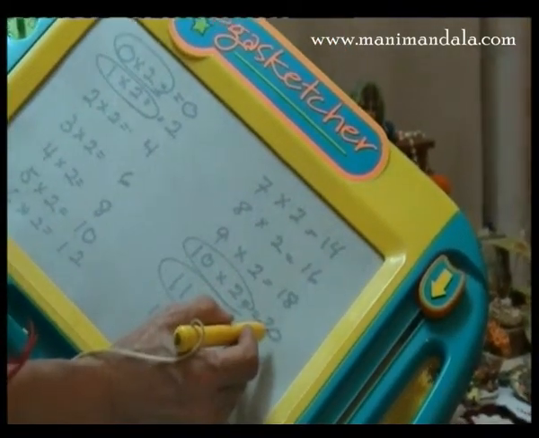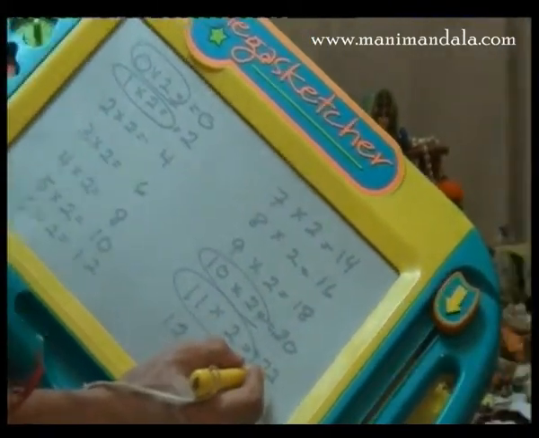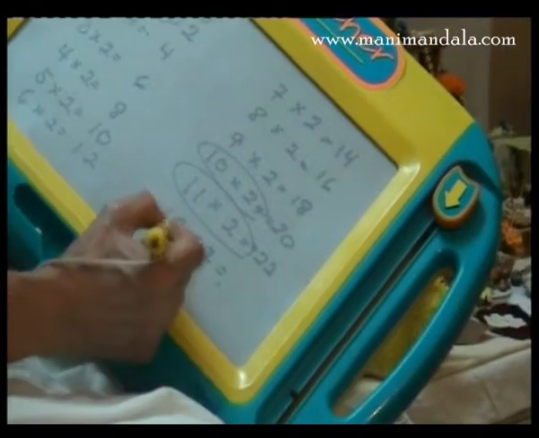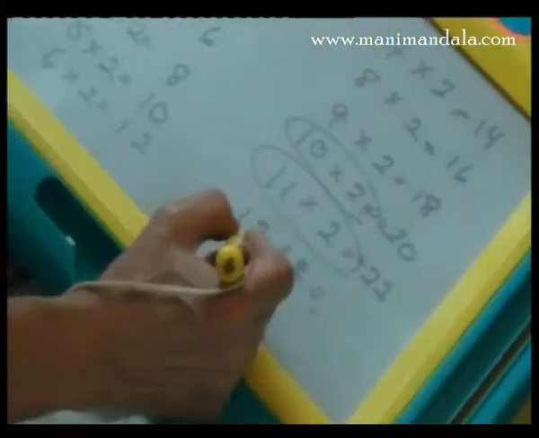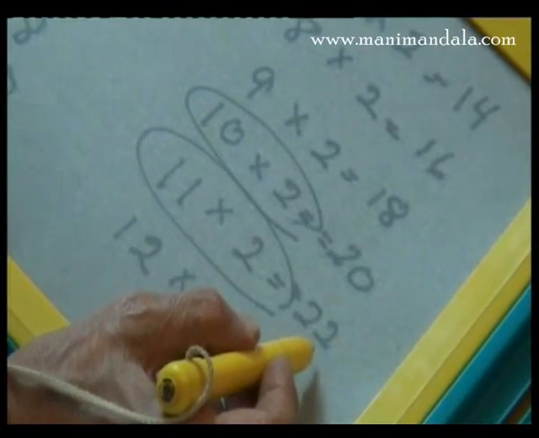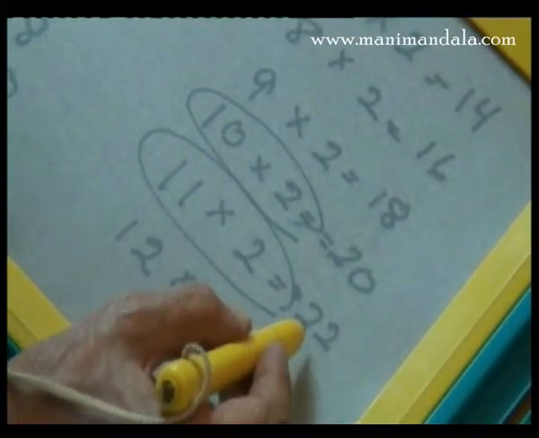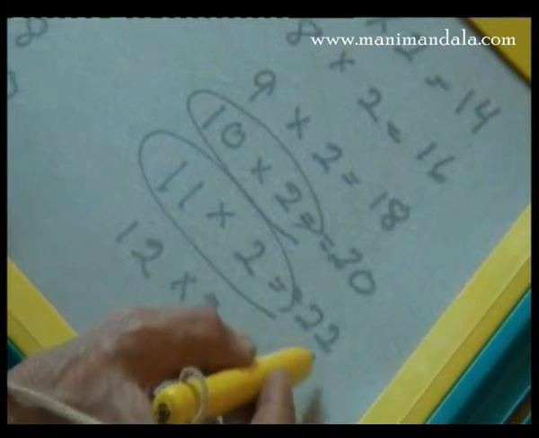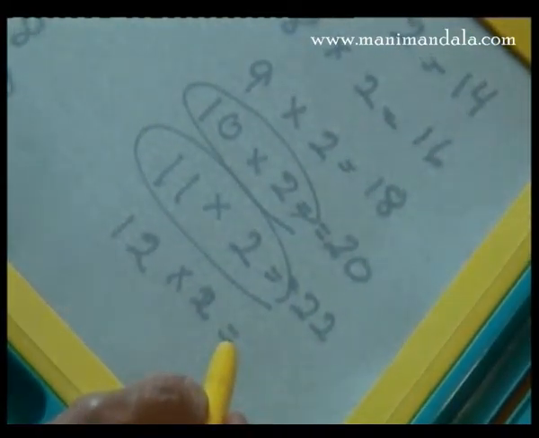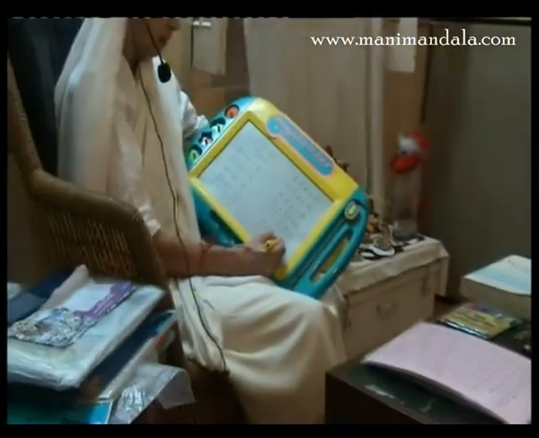Okay, we already know 10, and we already know 11, and the only one that we have to learn is 12, right? 2 12s is 2 more than 22. It's the next step. So if we add 2, step up 2 to 22, we go 22, 24. Okay?